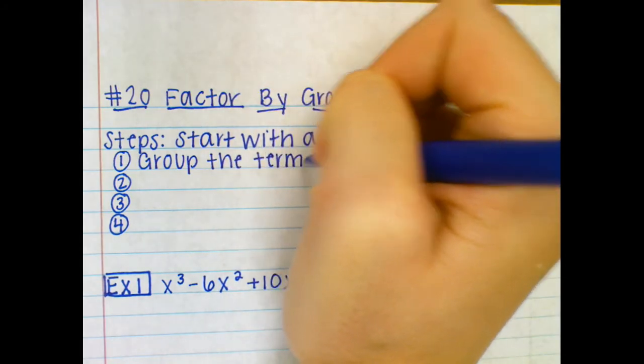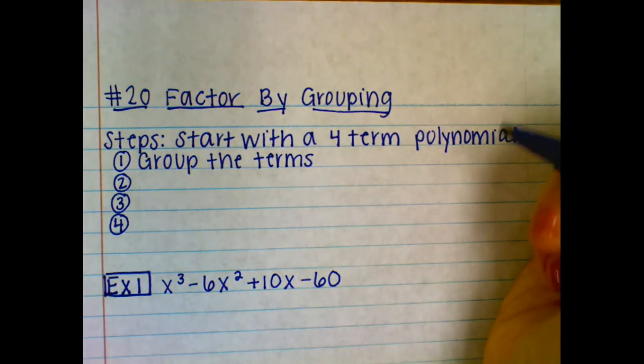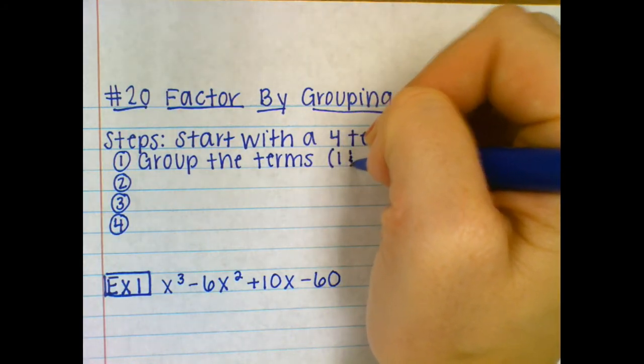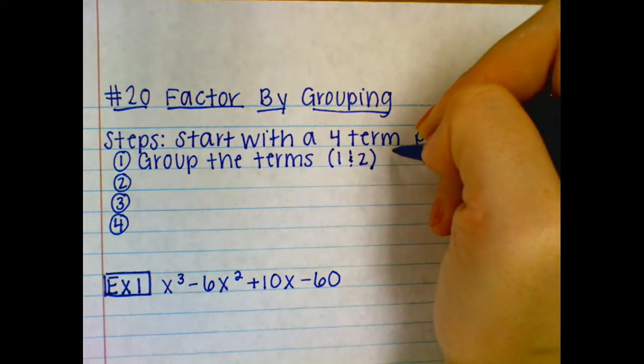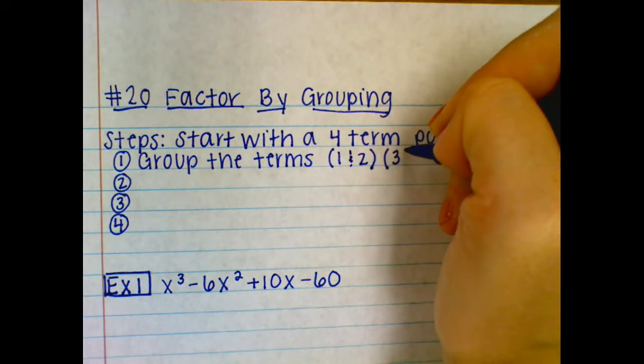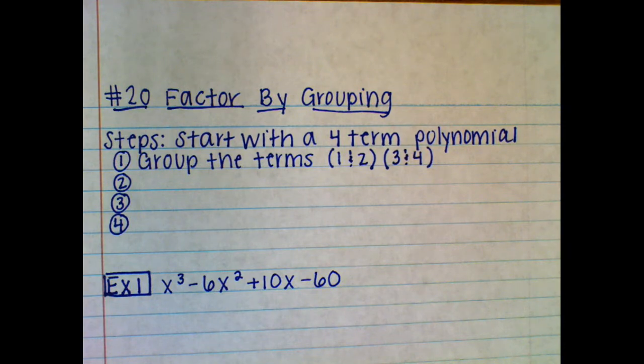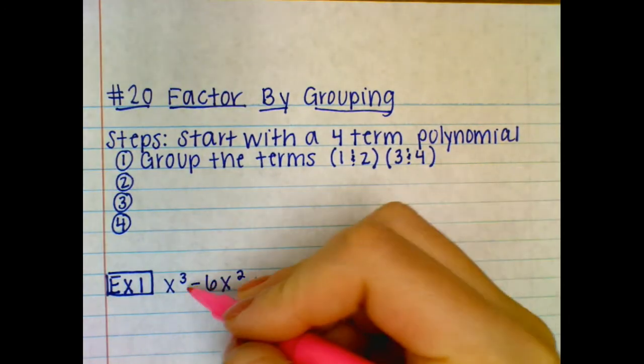Now, when you think of a group, you think of putting things together. So what we're going to do is we're going to put parentheses around the first and the second term, and then we're going to put parentheses around the third and the fourth term. So when I go and do that on number 1, my first and second term are right here.